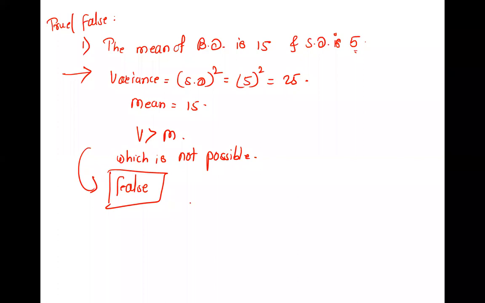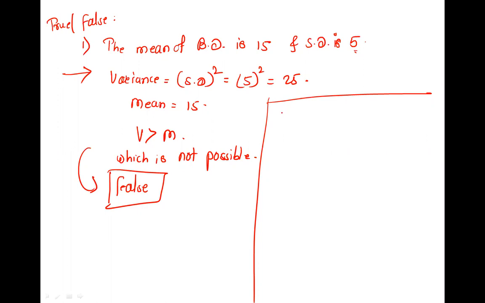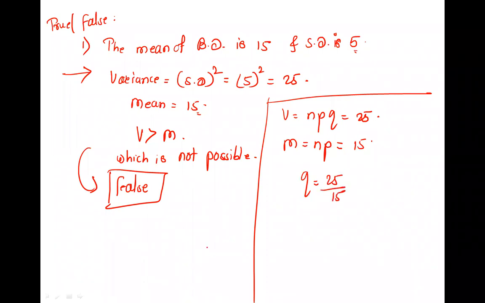Or if you don't remember the statement that variance can never be greater than mean at the instant, then we have one more option. Variance is 25. The variance in binomial distribution is NPQ, so NPQ is 25, and mean is NP, which is 15. So from this divide, we will get Q is equal to 25 by 15, which is 1.6667.